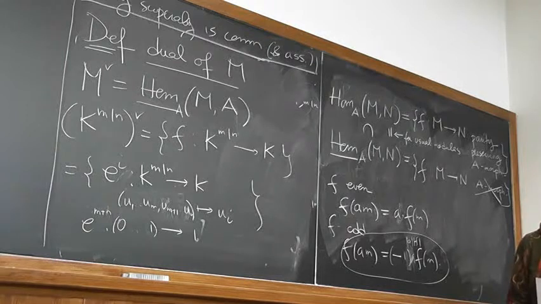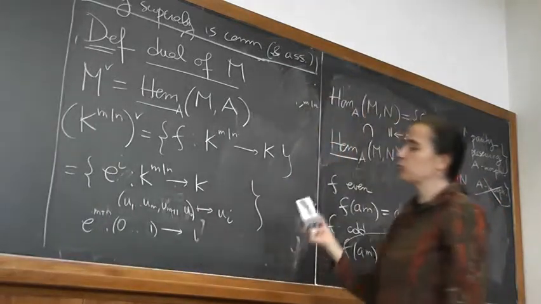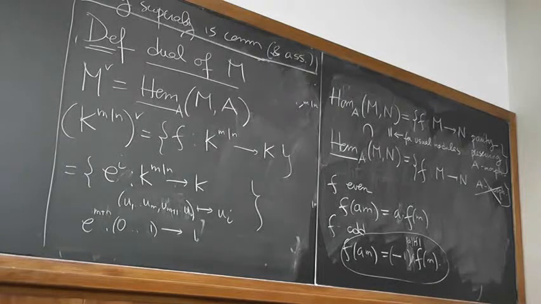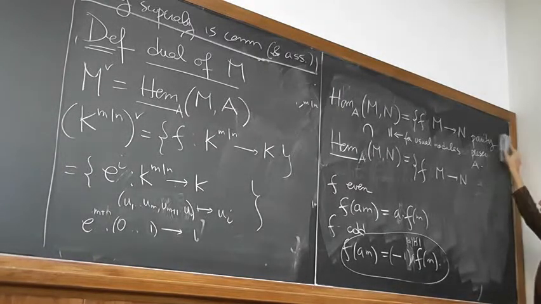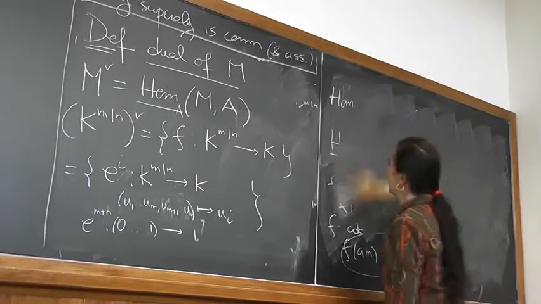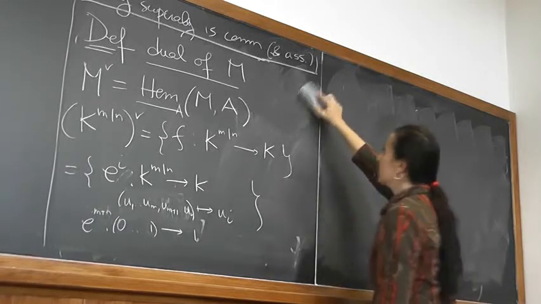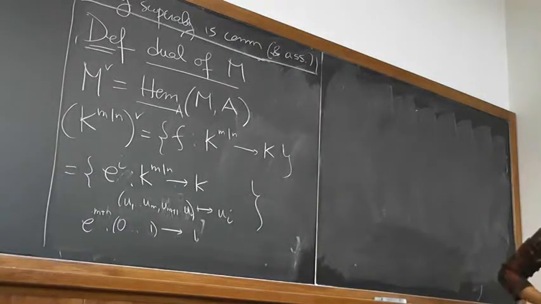Now, this is okay. I have a lecture today about matrices in my linear algebra class. So every time you write matrices, you have a problem. So the A is always K^(1|0), never K^(0|1).